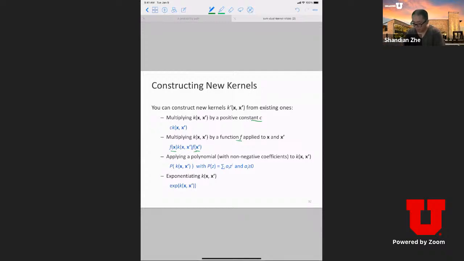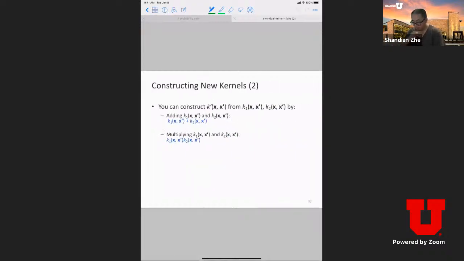You can plug the kernel function into a polynomial, and the result is still a valid kernel. You can take the exponential of a kernel, and it's still a kernel. You can add two kernels together, and you have a valid kernel. You can multiply two kernels together, and you have a valid kernel.